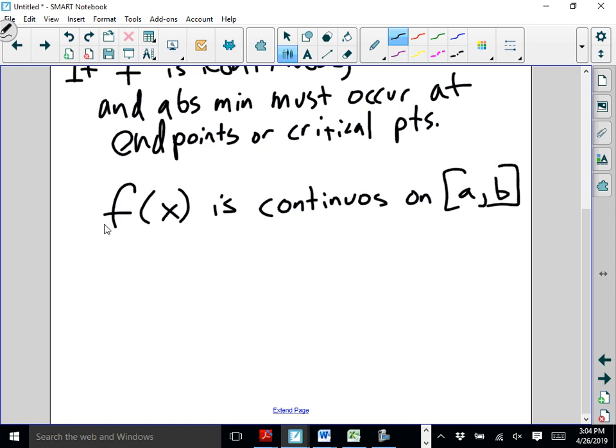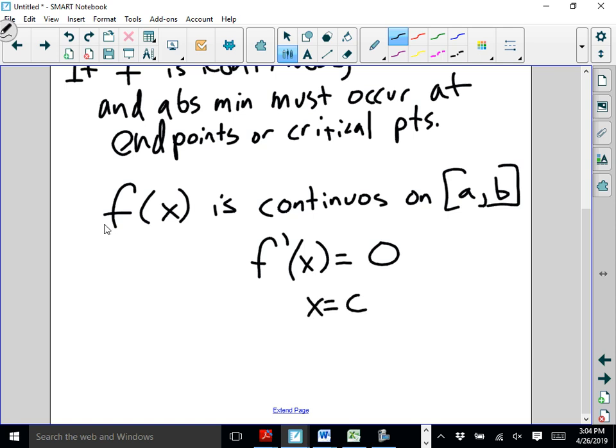What we need to do is check the endpoints a and b, and we need to check any critical points. So what I usually do first is I figure out the critical points by setting f prime equal to 0. Let's say f prime of x equals 0 at points x equals c and x equals d.